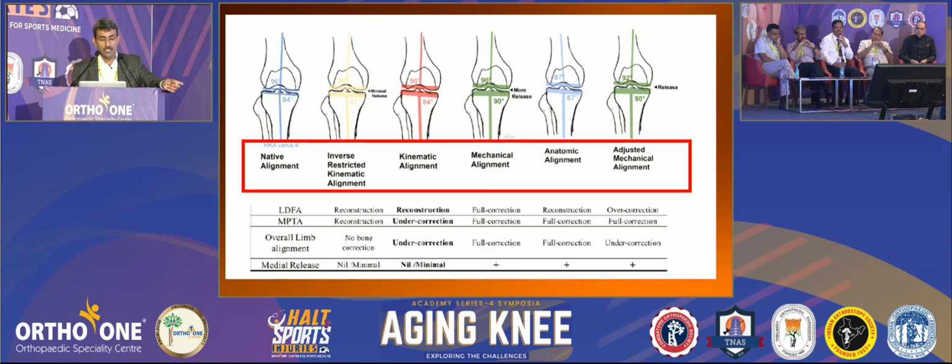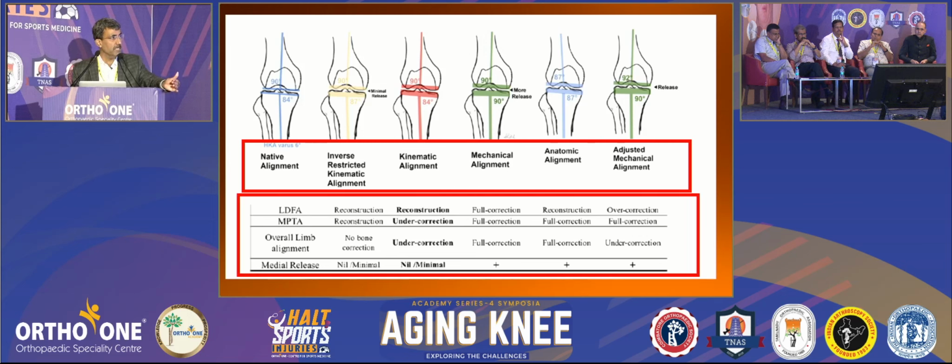So this is the difference between all the alignments, where we also aim for some amount of undercorrection, especially with kinematic alignment. So would that simplify how kinematic alignment stands out from the rest? No, it's not undercorrection. It's an absolutely rectangular extension gap, maintaining the joint line obliquity.